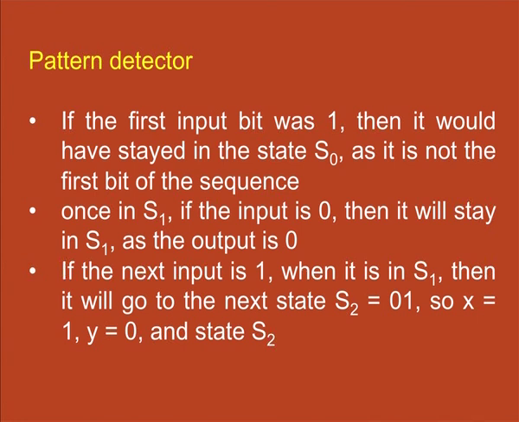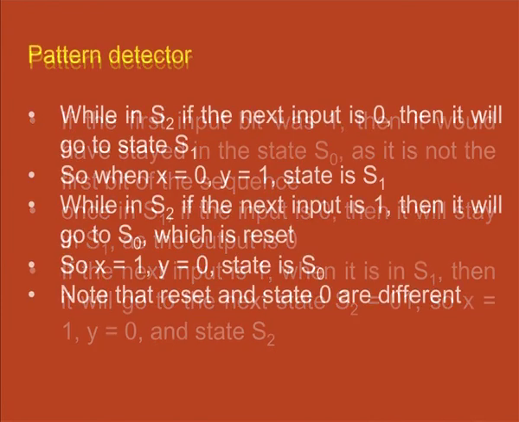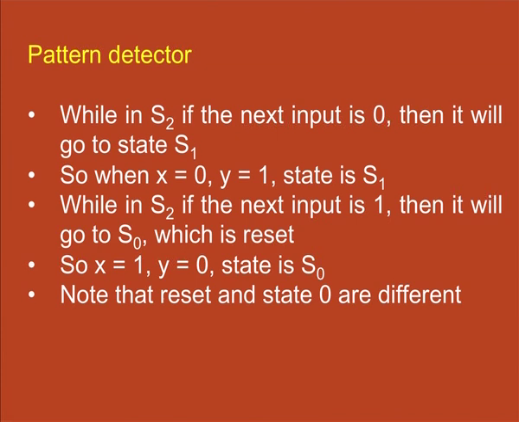Now, if the next bit is 1 when it is in S1, then it will go to the next state S2, that is 0 1. So, when x is equal to 1, y is equal to 0, it goes to state S2. While in S2, if the next input is 0, then it will go to state S1.